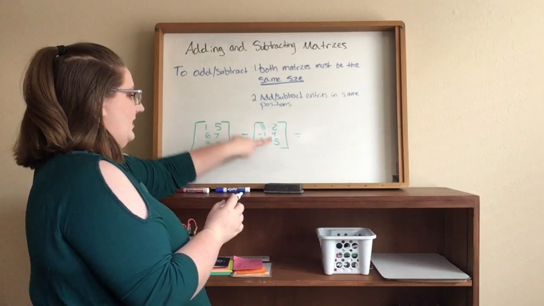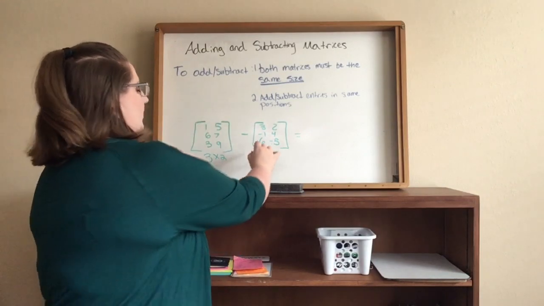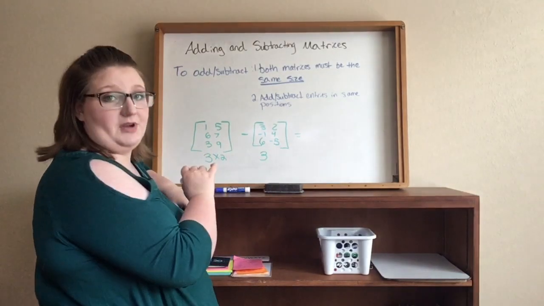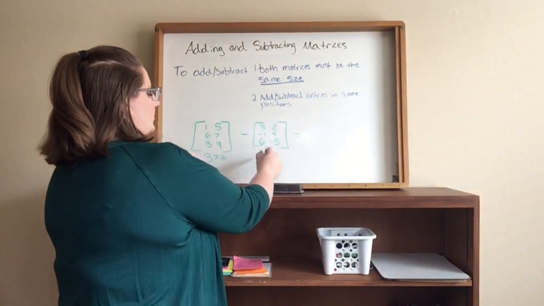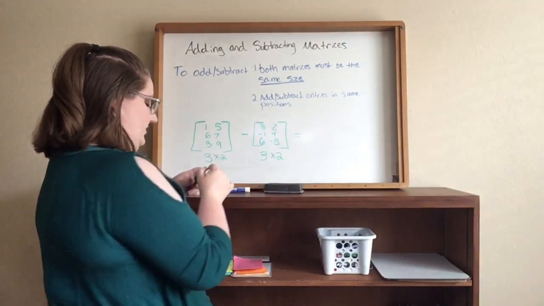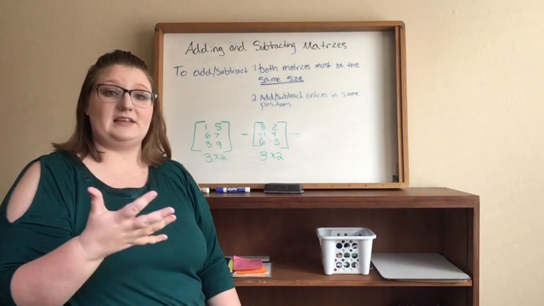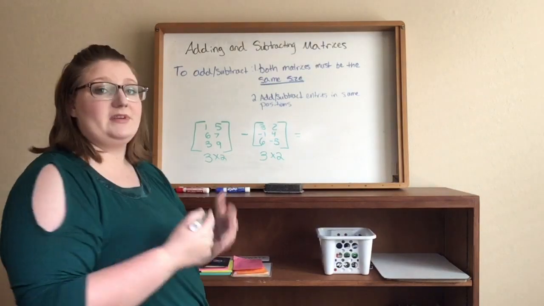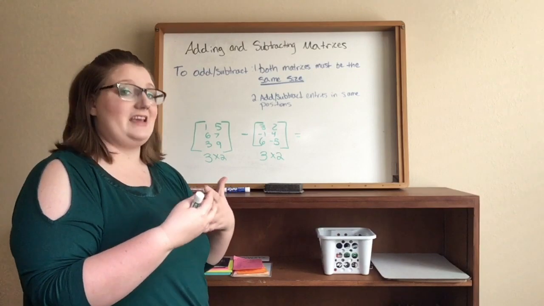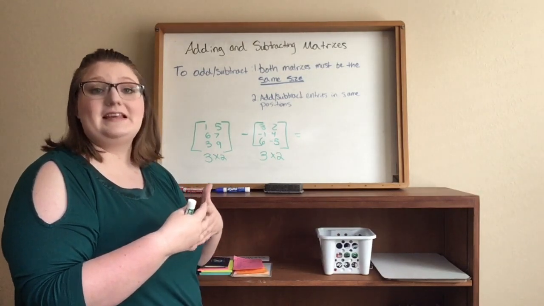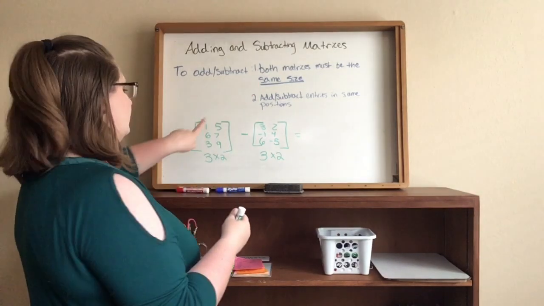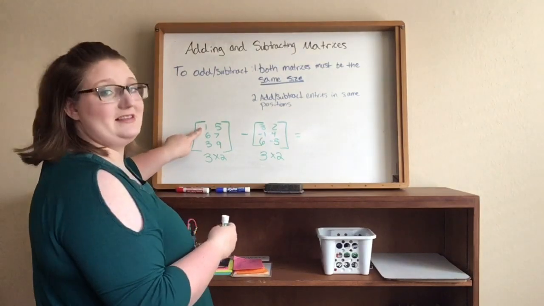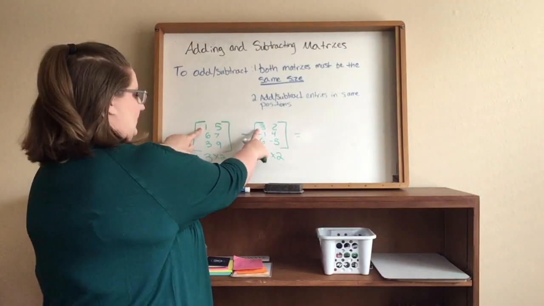Looking over at my next matrix, I've got 3 rows, and then 2 columns. So this is a 3 by 2 as well. Because they're the same size, we are going to be able to subtract them. When we subtract, we're going to subtract the entries that are in the same positions in each matrix. So starting here with 1, the number that's in the same position in the other matrix is 3.